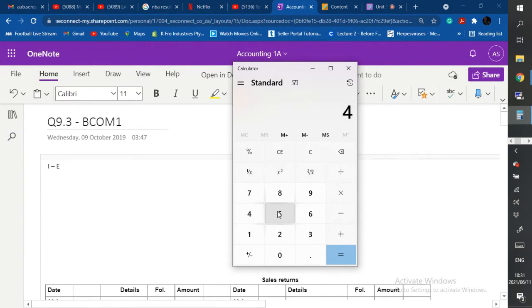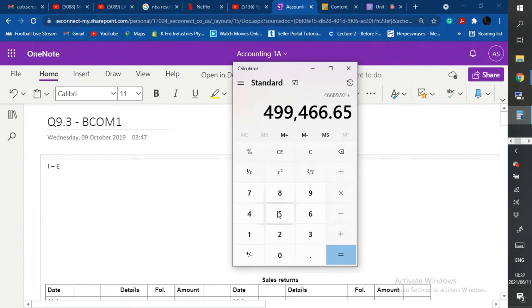Services rendered, so 689.92 plus your sales there, which was 499,466.65, and then interest on current account, and we have interest received.